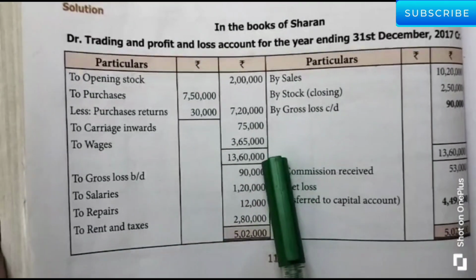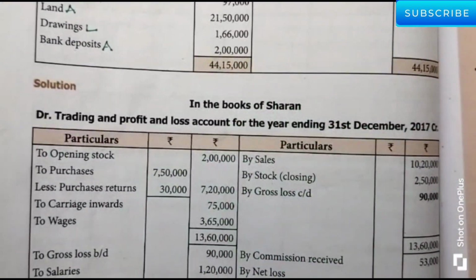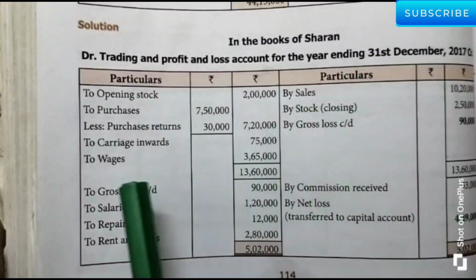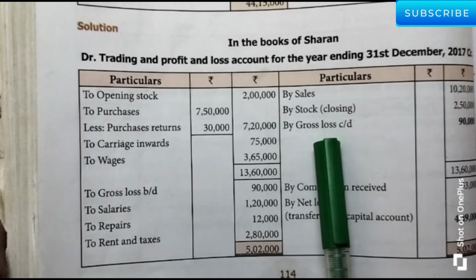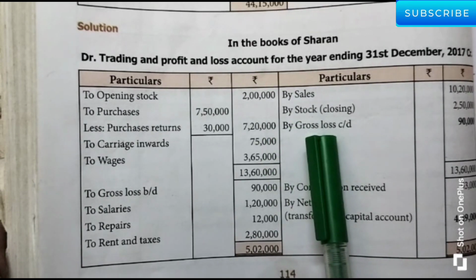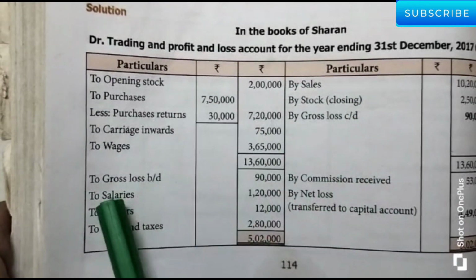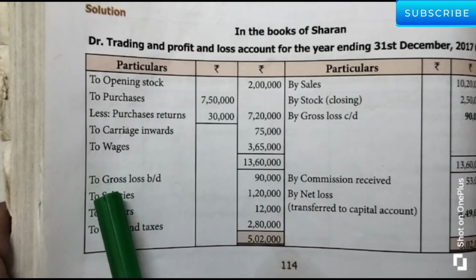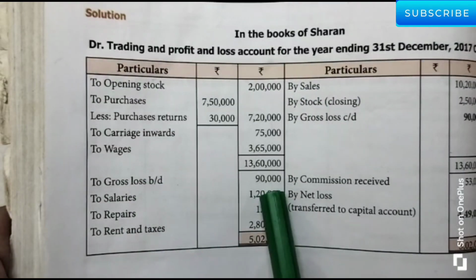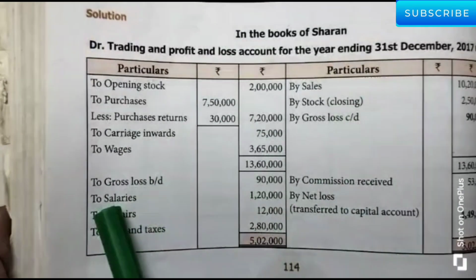Before we enter the given entries from the question into the profit and loss account, you always start with the gross loss you found from the trading account. So you have to write to gross loss brought down 90,000 rupees on the debit side. You transferred the gross loss from trading to the profit and loss account.